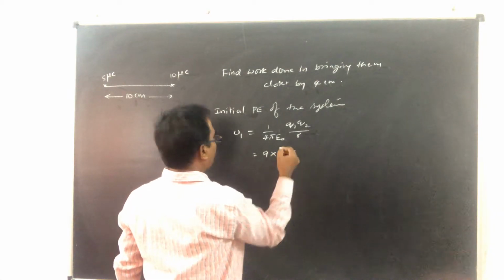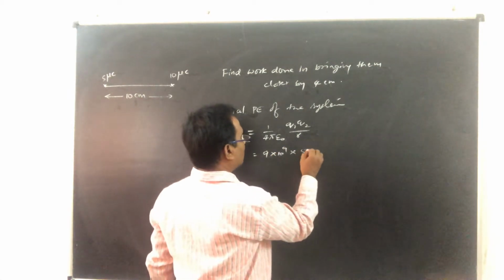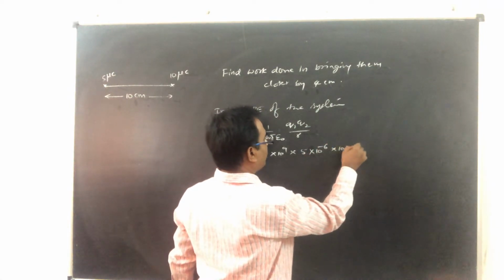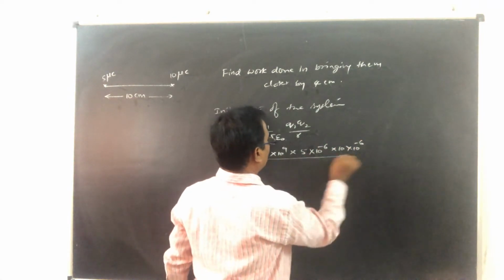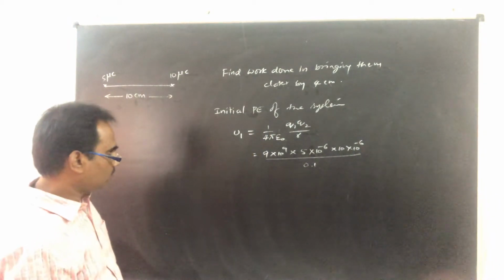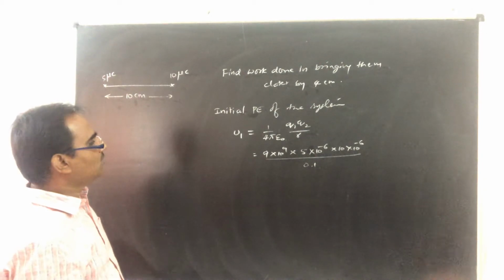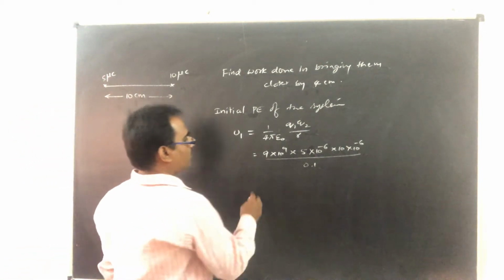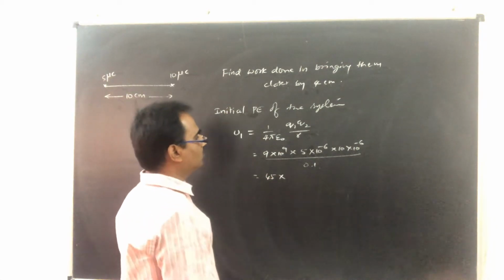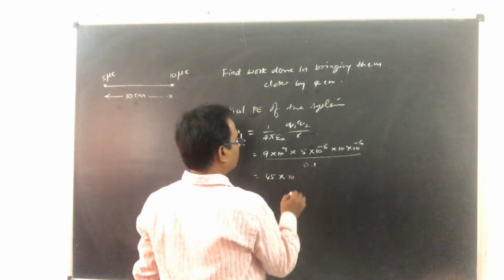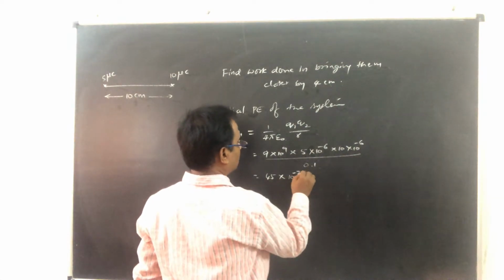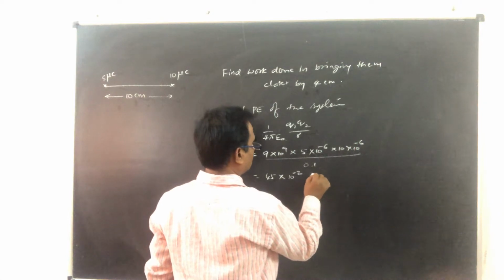So this is 9 into 10 to the power of 9, 5 into 10 to the power of minus 6, 10 into 10 to the power of minus 6 divided by 10 cm. So you do this calculation. So this will be 45 into 10 to the power of minus 2 joule.